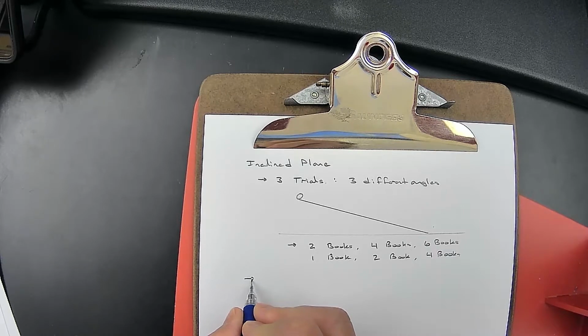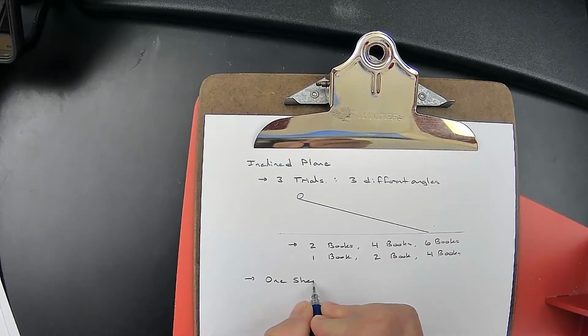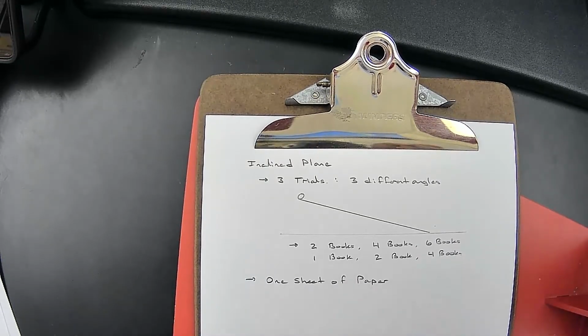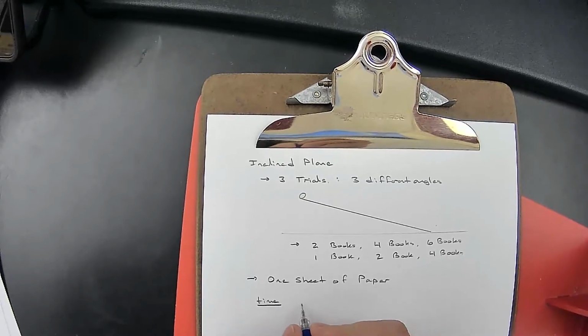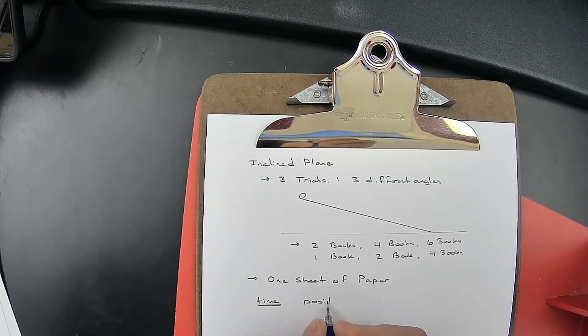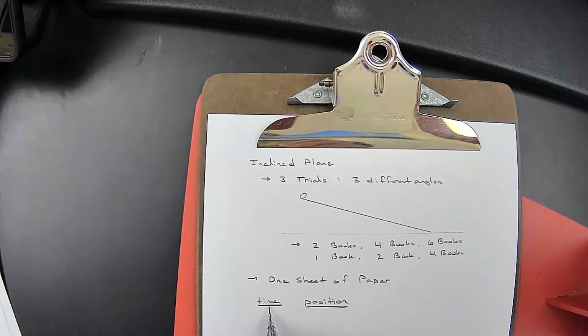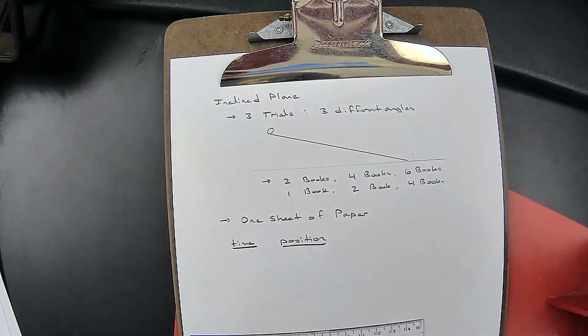Then, on one sheet of paper, we're going to put a couple of graphs down. The data once again is going to be time along the x-axis and position along the y-axis.